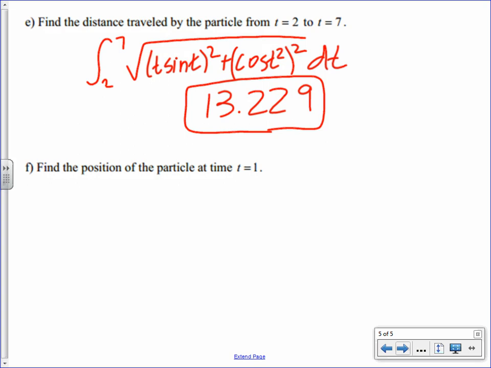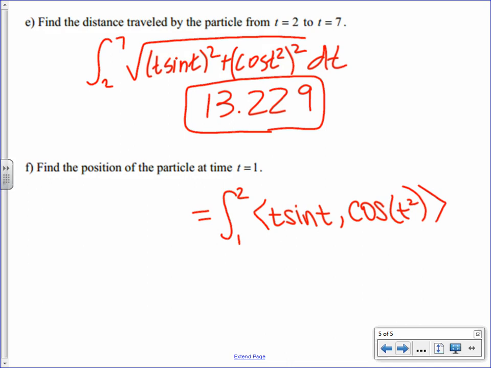Okay, so if we remember back to the fundamental theorem of calculus, we know that the integral from 1 to 2 of our velocity should equal our position at 2 minus our position at 1.